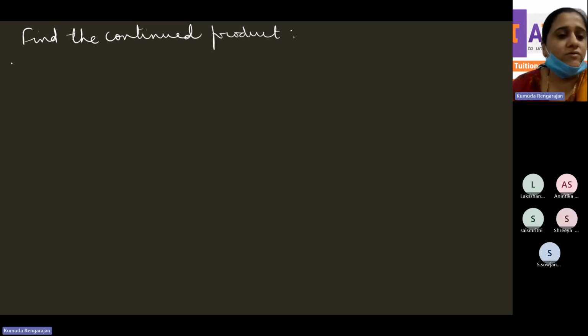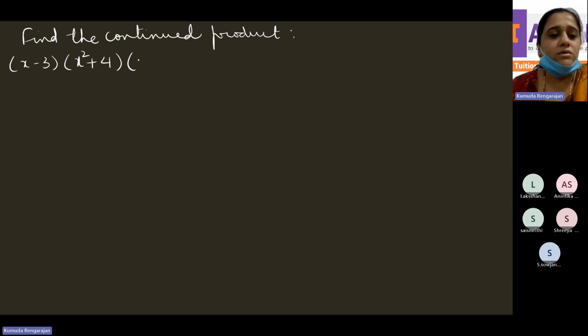For example, you have to find x minus 3 into x squared plus 4 into 3x cubed minus 1.